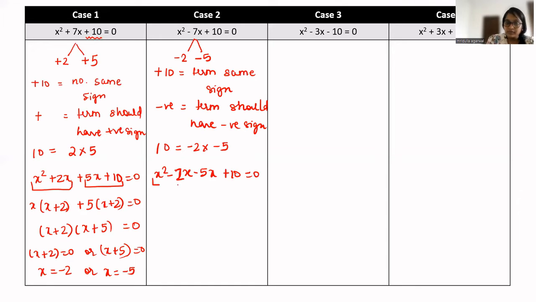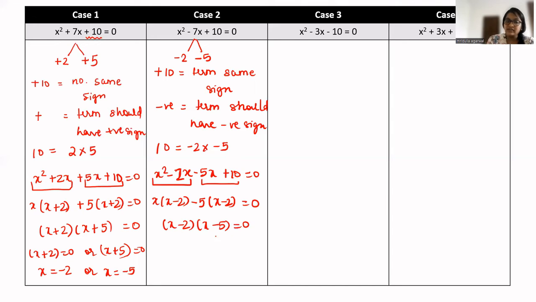Same method: group these two terms together. X is taken outside, we have x minus 2. Again, the second bracket should have x minus 2. From here, I have taken x out, so the term left is minus 5. We'll cross verify: minus 5 into minus 2 is plus 10. So we have (x minus 2)(x minus 5).